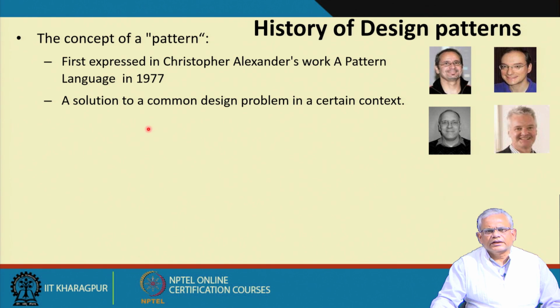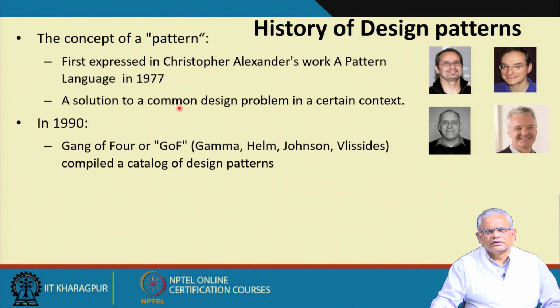We had just remarked that the design patterns originated from the work of Christopher Alexander, where he proposed a pattern language for buildings in 1977. These are some good solutions to commonly occurring problems which work in some context.